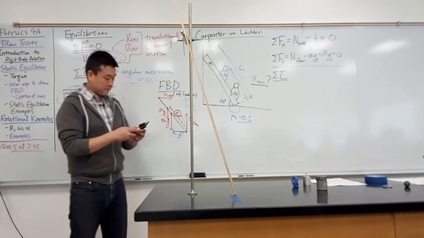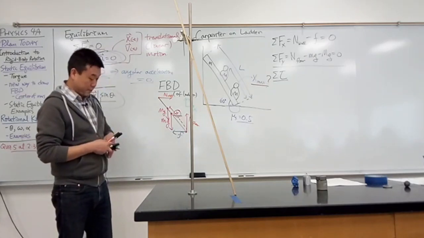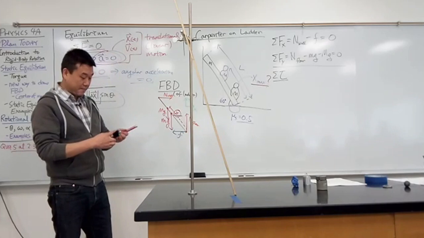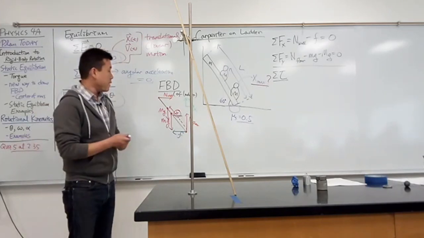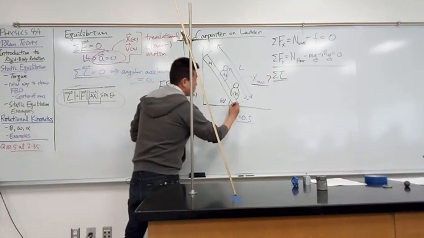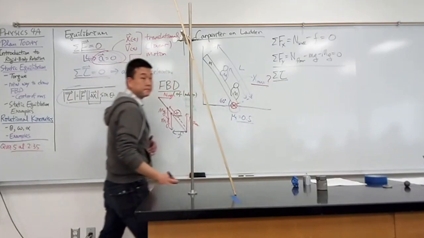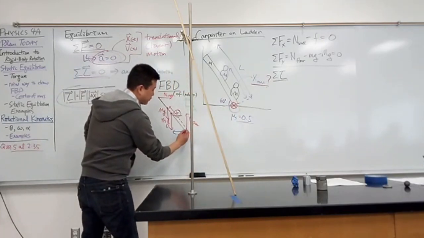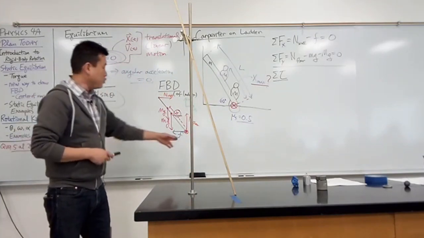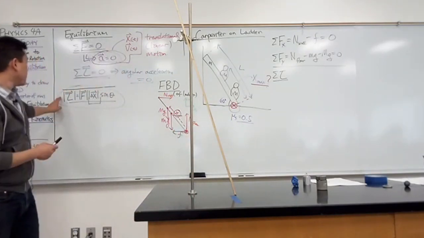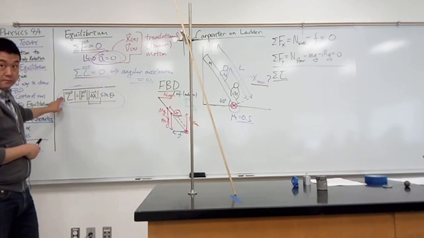Okay? I'm seeing that I'm kind of running out of time, so let me do this quickly. I'm just going to define it myself and explain quickly the reason why. So I'm going to define my center of rotation to be located here. And this is really my reason why. I'm looking ahead to calculating the torque, right?